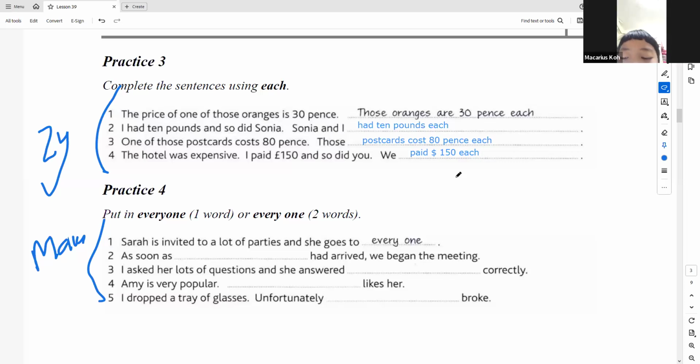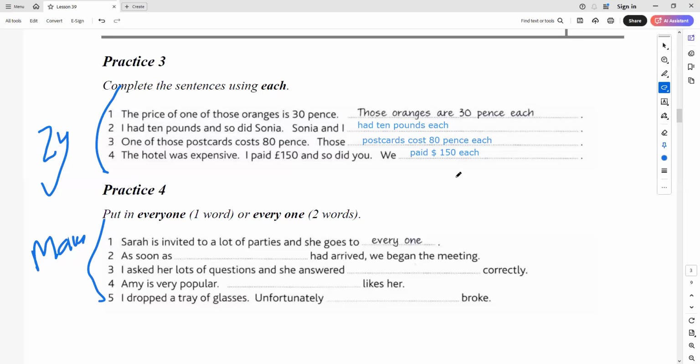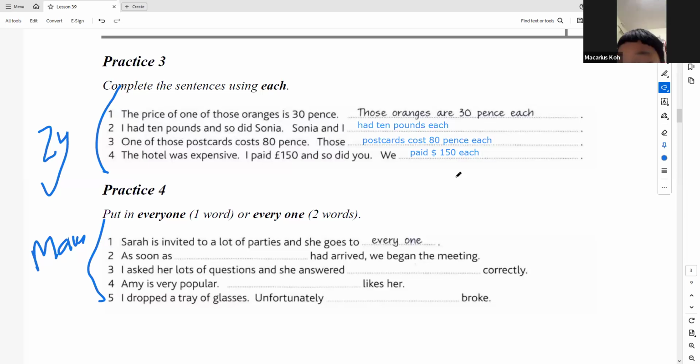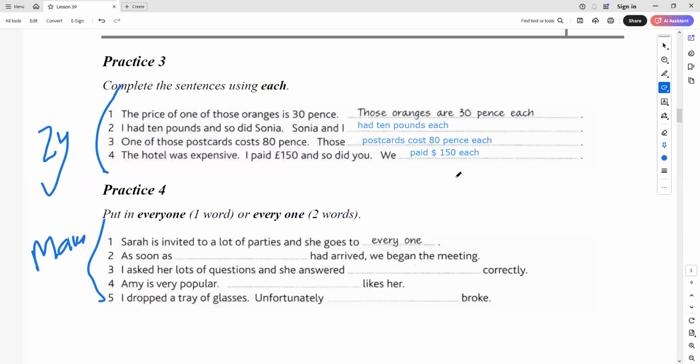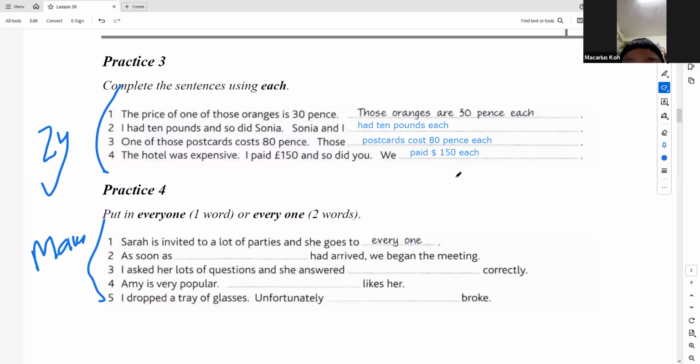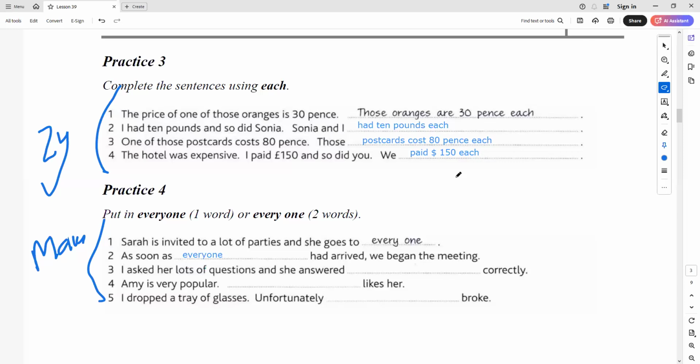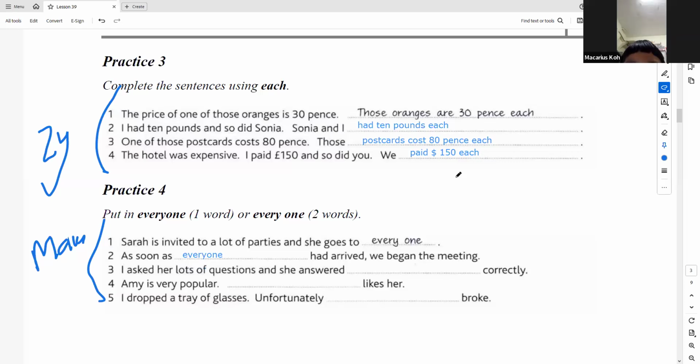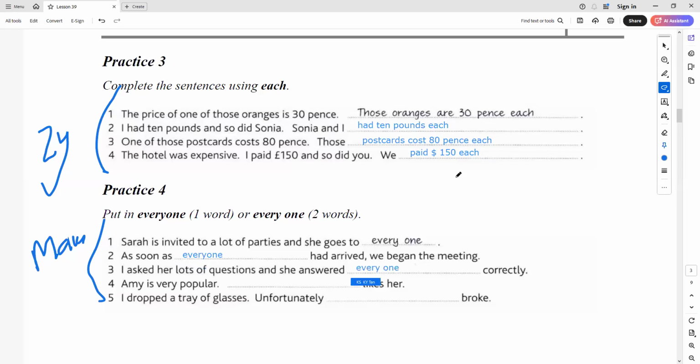Sarah is invited to a lot of parties and she goes to every one. As soon as everyone had arrived, we began the meeting. Okay, I asked her lots of questions and she answered every one. Every 1, 2 words, okay?